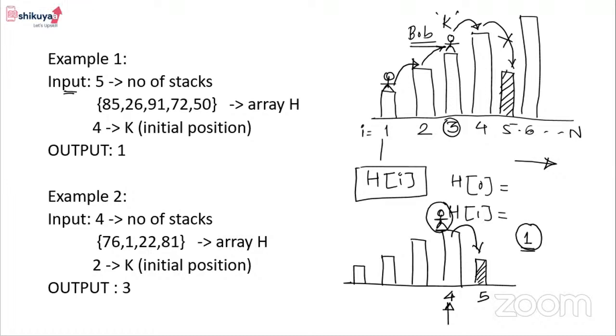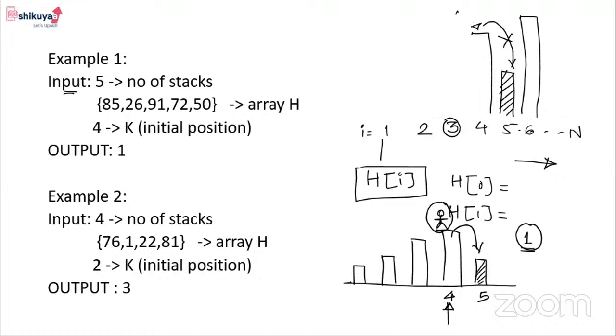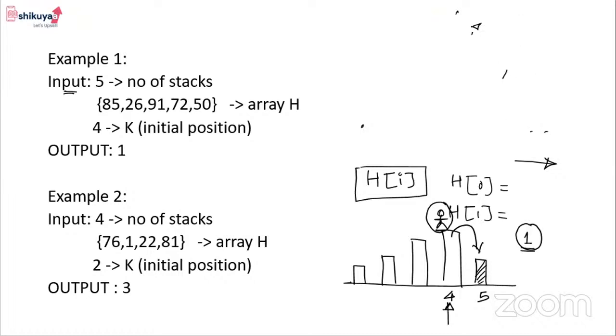Okay, so I erase this, and we will try to understand what this example 1 is telling us. Suppose we have entered 5. What is the meaning of 5? The number of stacks. So consider there are 5 stacks. The height of the first stack is 85, so I write here 85.